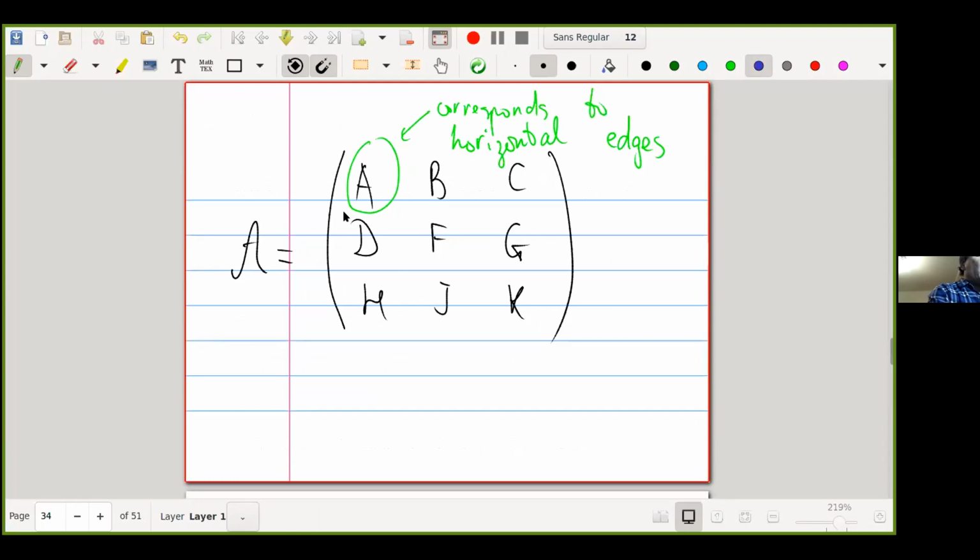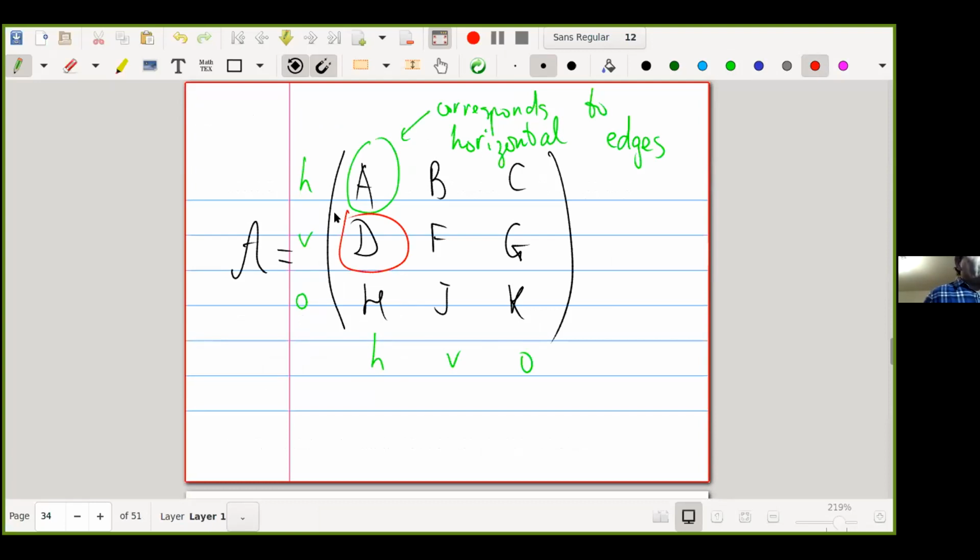But let us consider also this D, well, edges horizontal, then vertical, and then oblique. And here also horizontal, vertical, and oblique. And this D acts from what?